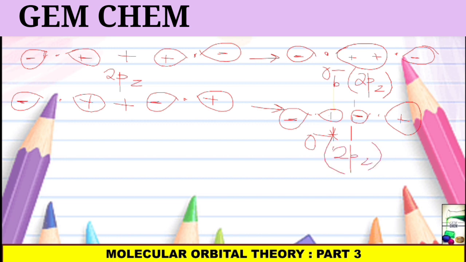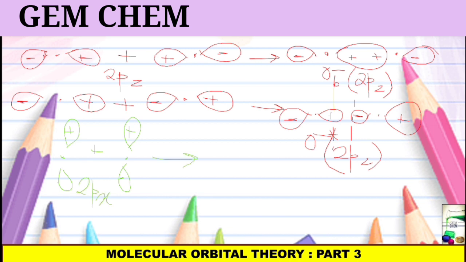Now if we try to look into our pi bond formation, what will happen? See here, we have this as 2px, so positive, negative. Similarly, we have positive and negative. So this is our 2px.